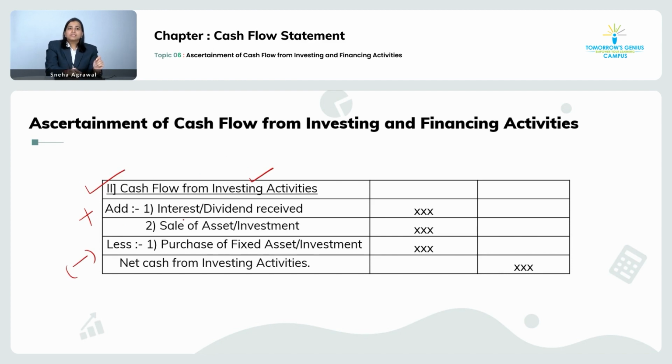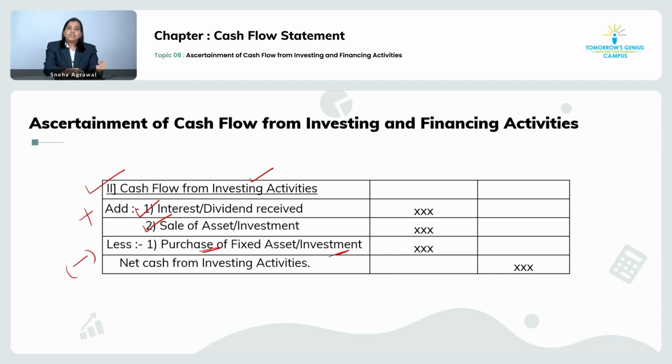It is sale of fixed assets and any income you earn out of the investments, that is interest if you are giving loans to someone, and dividend if we invest in shares of any company. What are the cash outflows? I said it is purchase of fixed assets or if I am investing in shares of any other enterprises. If it is an outflow, you have to deduct it. If it is an inflow, you have to add it.